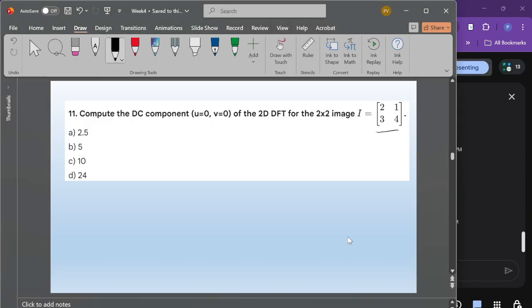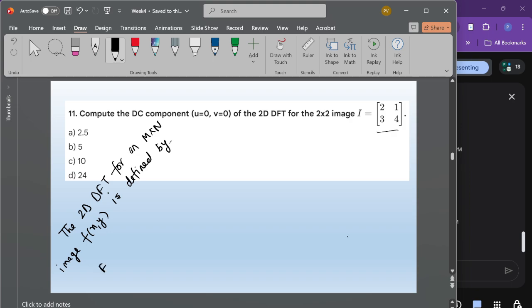Okay, so here is the formula for the 2D DFT for an M cross N image matrix, image f of x, y. It is a frequency domain representation in u and v, where x will vary from 0 to M minus 1 and y will vary from 0 to N minus 1, of f(x, y).